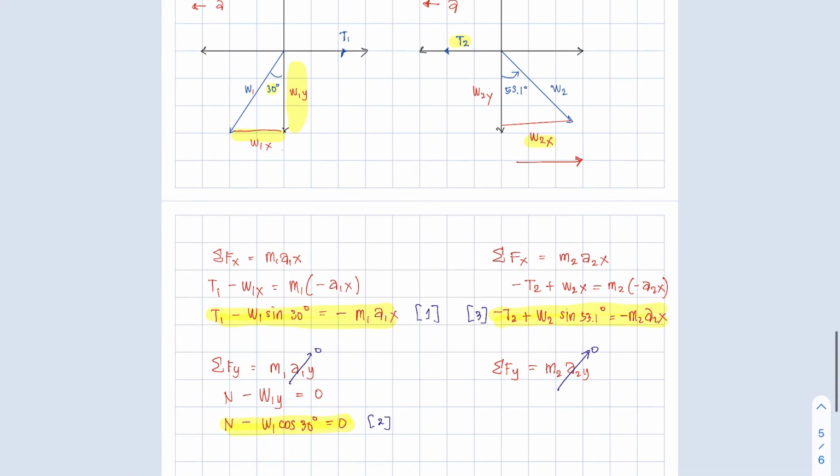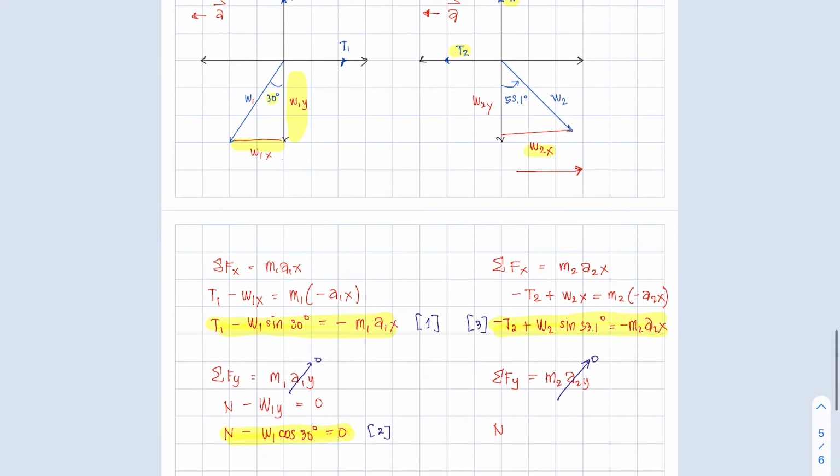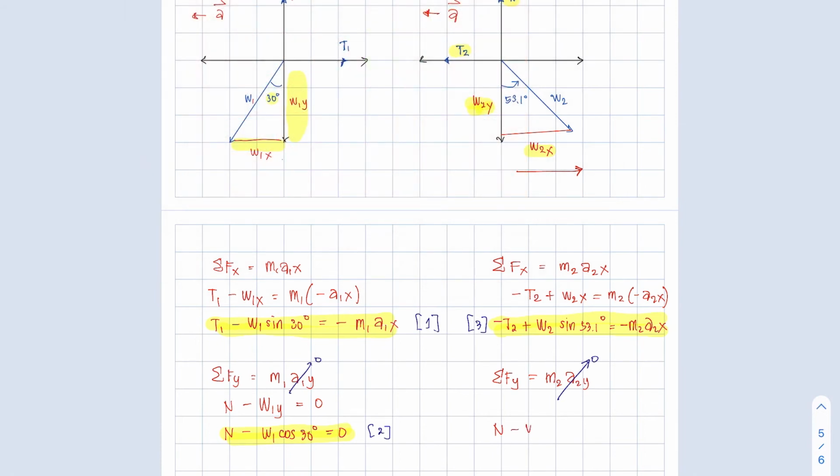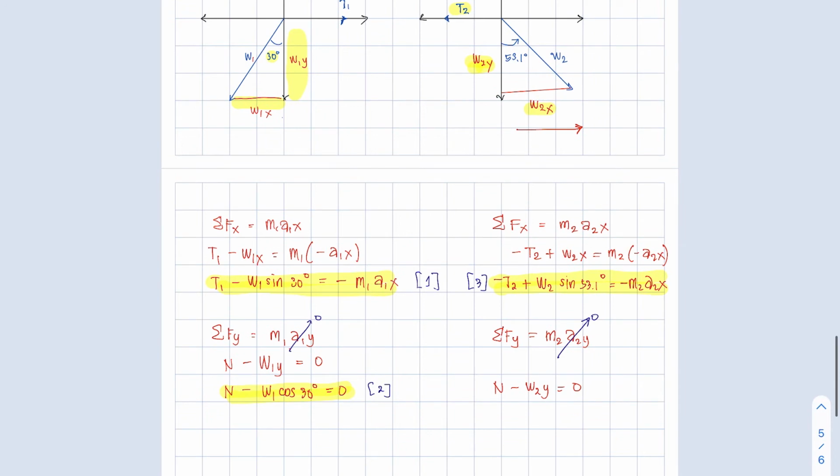And what are the forces present in y? You have the normal force, which bears a positive sign since it's moving up. And another one is the y component of your weight. Since it's downward along the y-axis, that will bear a negative sign. So minus W2y is just equal to 0.